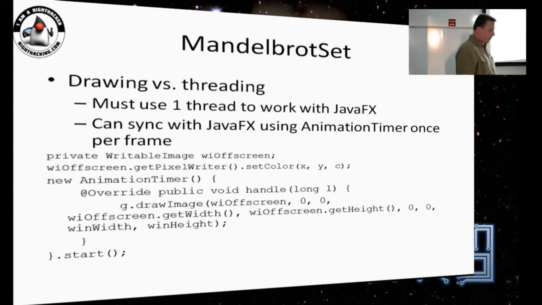So in JavaFX, when you want to do something that is done each frame, there is an animation timer object. We can create an animation timer object and invoke the start method on it. It has a method handle, which is invoked each frame. So if your application is good at speed, it would be invoked 60 times per second.